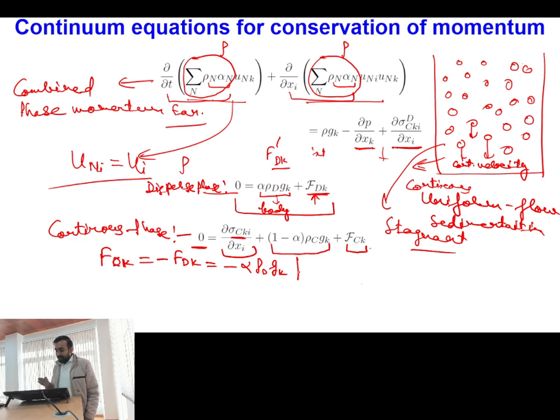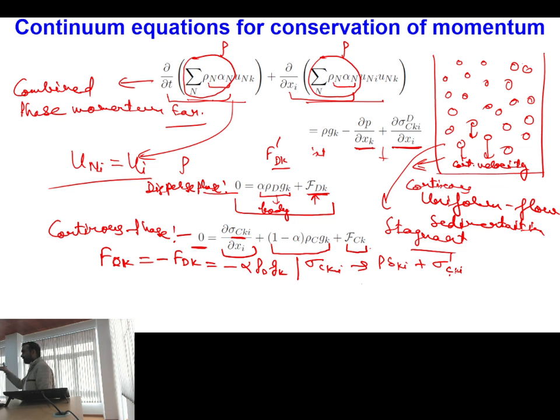Now, one interesting fact is that this sigma_CK is accounting for both the pressure force as well as the deviatoric stress, sigma dash_CK. If I consider my fluid is stagnant, then the deviatoric stress will be 0, because deviatoric stress comes from the rate of shear strain of the fluid element.